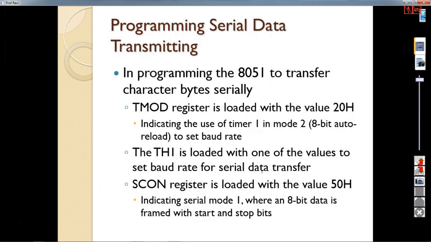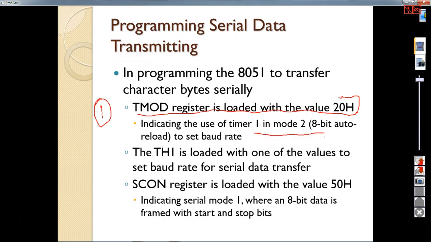Now let us see how to transmit. In programming 8051 to transfer a character byte serially, the first step is that the TMOD register is loaded with the value 20H, indicating the use of timer 1 in mode 2.